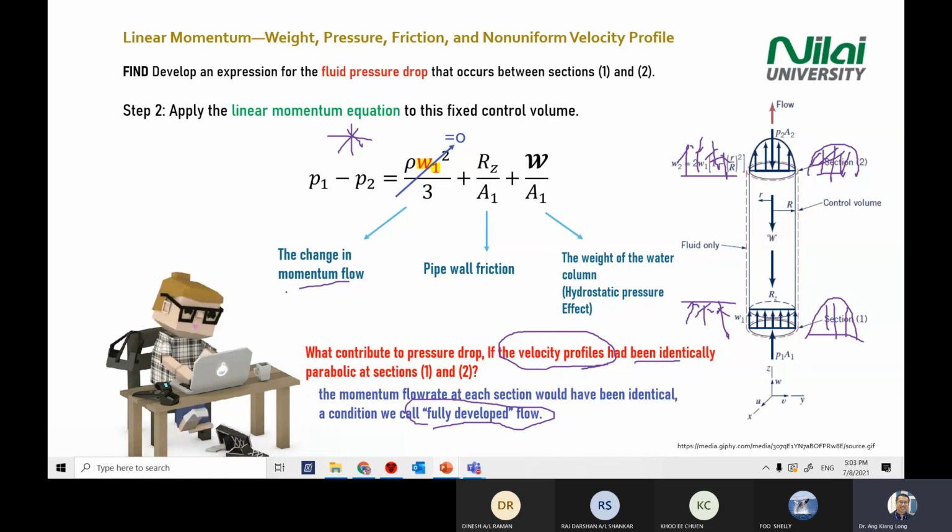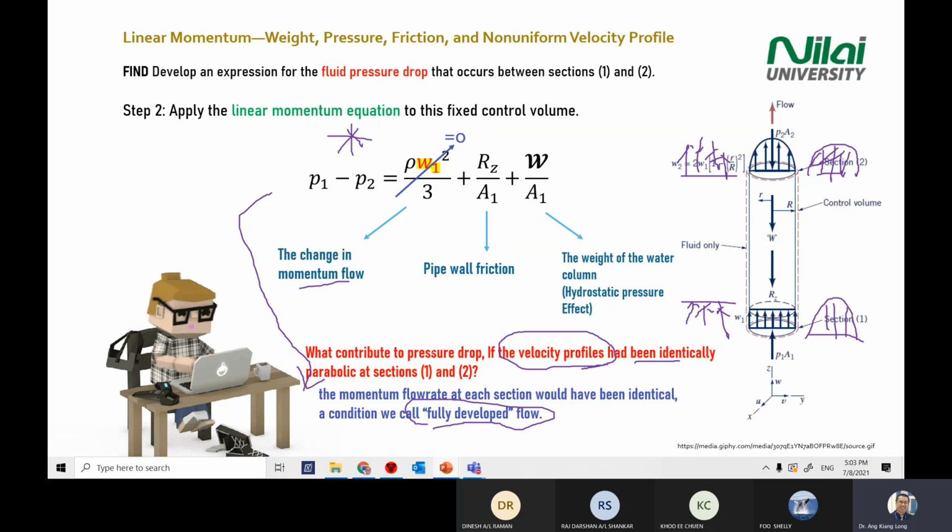And in fully developed flow, you can cancel the first one because there's no change of momentum inside the flow. Then you only need to process the wall friction and the weight of the water. So there will be a section asking you about this, in your test or final exam.